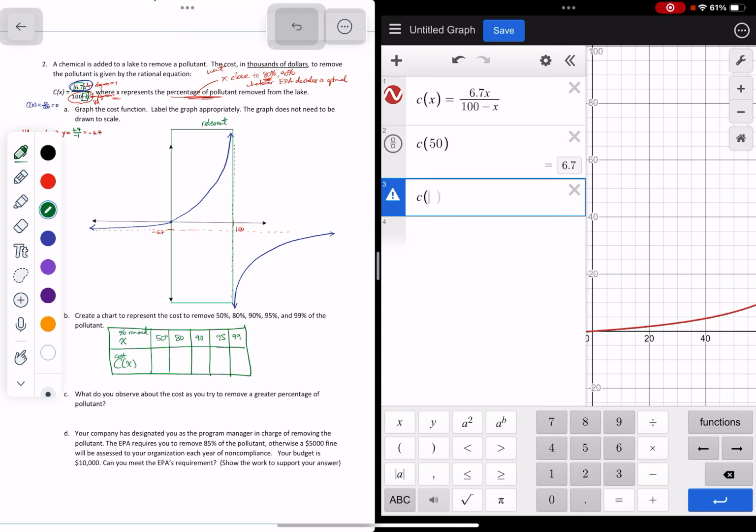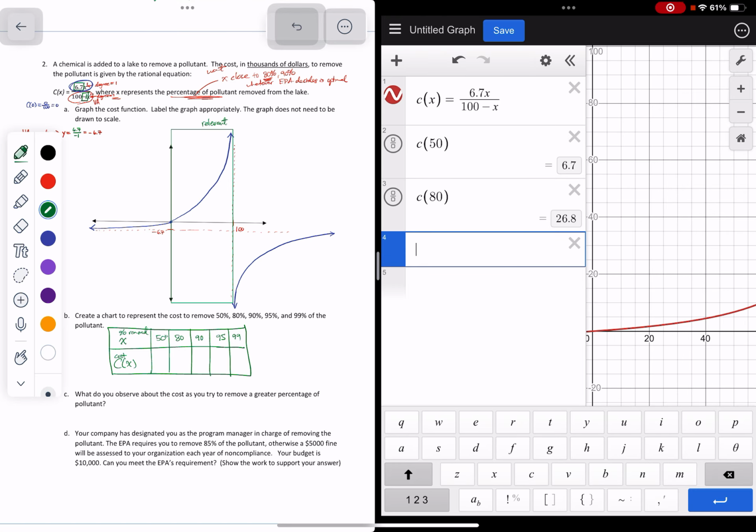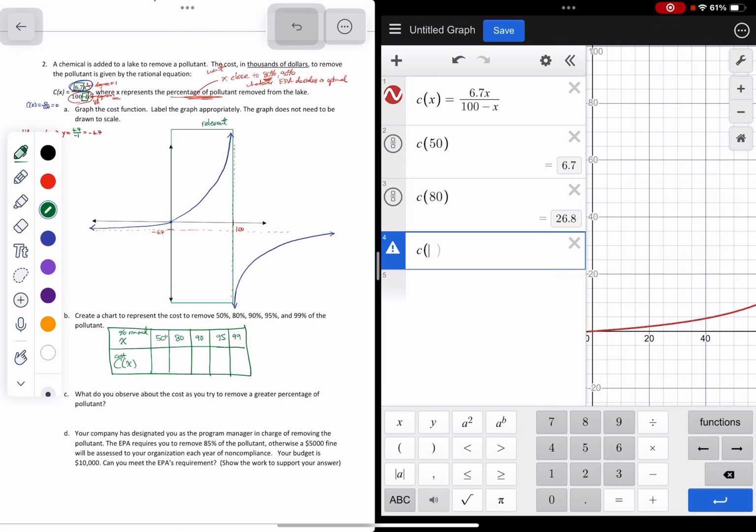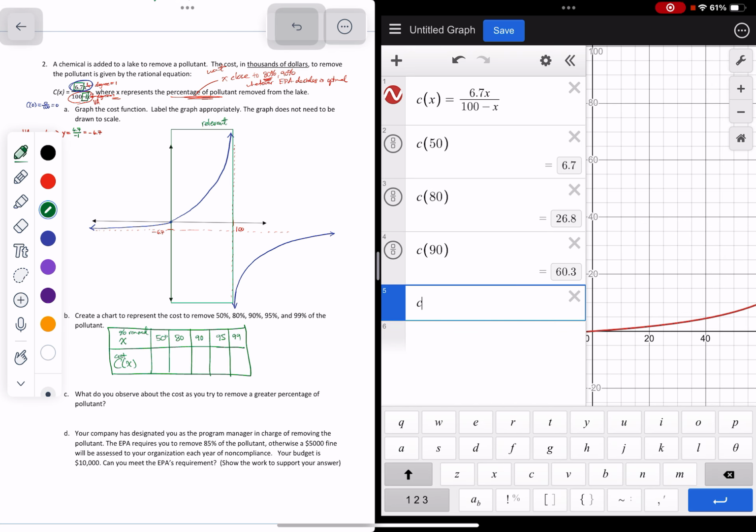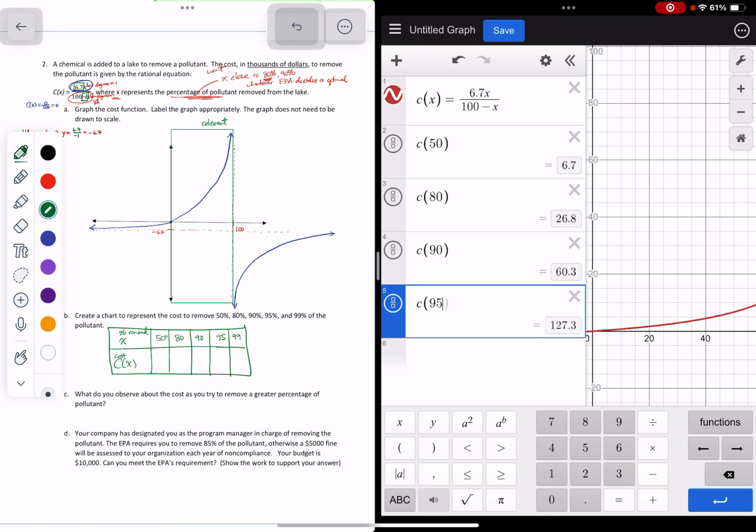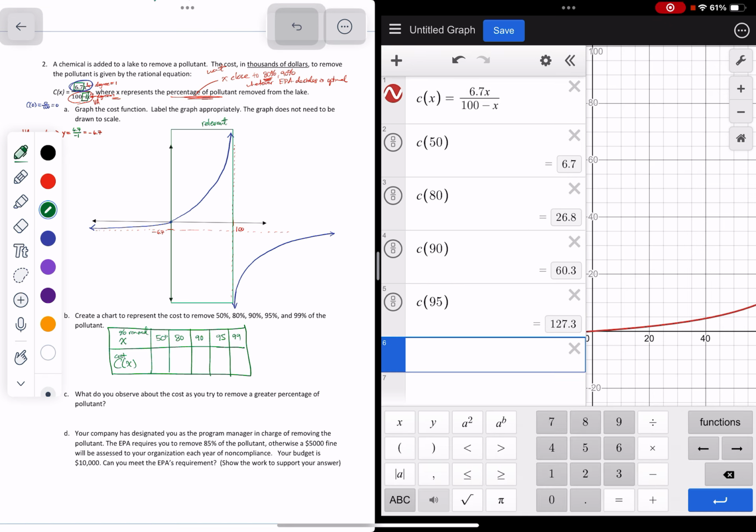All right, so 50%, let's plug in 80, right? Let's plug in 90. Let's plug in 95. Let's plug in 99. And let's see what we're looking at. So 6.7.